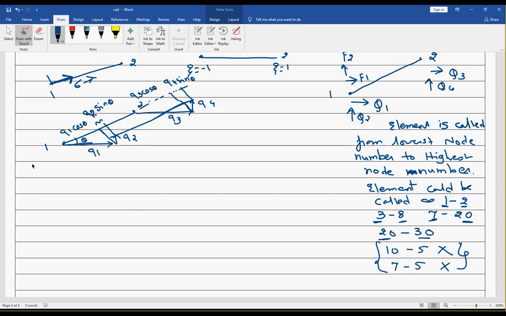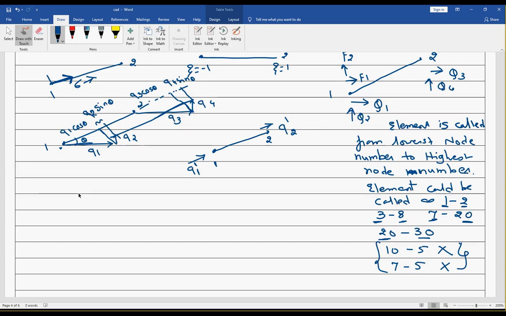And along the displacement, at node 1, if this is the element, this is node 1. Q1 dash is the displacement along the element, and Q2 dash is the displacement of node 2 along the element. So it is in the direction of the element.